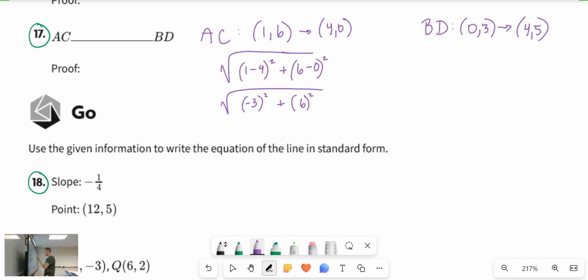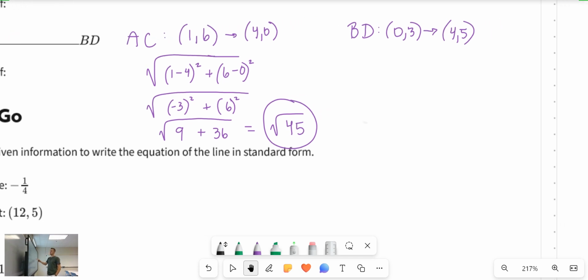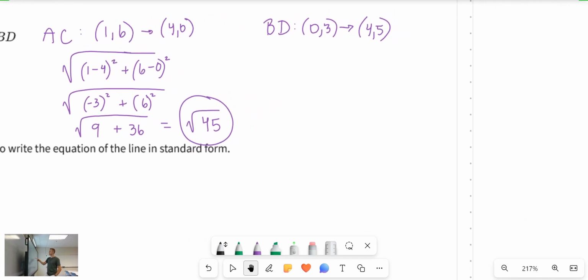And negative 3 squared is 9, so this is the square root of 9 plus 36. So this is the square root of 45. Okay. So that's one of our lengths. So the length AC is the square root of 45.